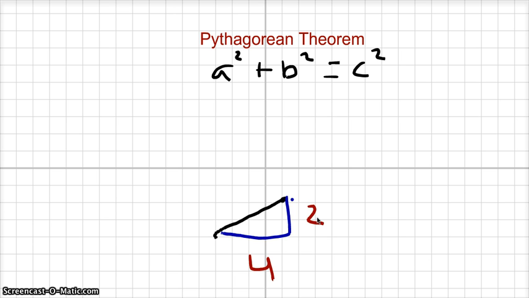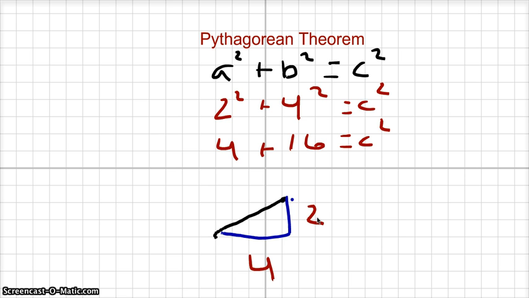Since my horizontal and my vertical are 2 and 4, those are my a and b. So I have 2 squared plus 4 squared equals c squared. 2 squared is 4, plus 4 squared is 16, equals c squared. 4 plus 16 is 20 equals c squared.